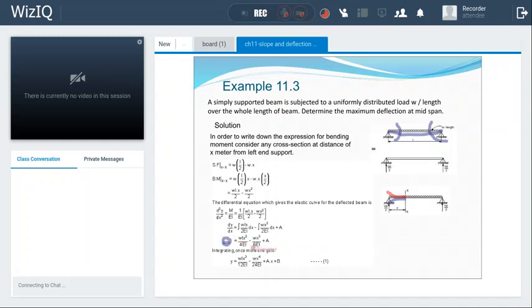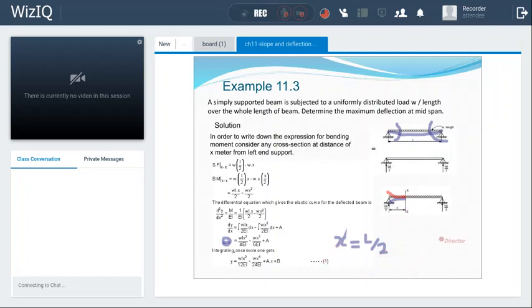When you substitute this value equal to 0, you will get x is equal to L by 2 for maximum deflection.